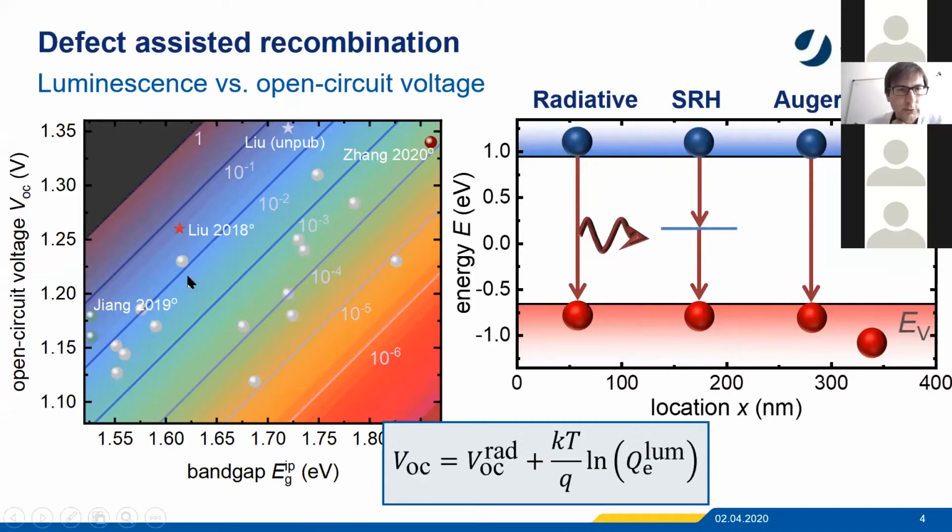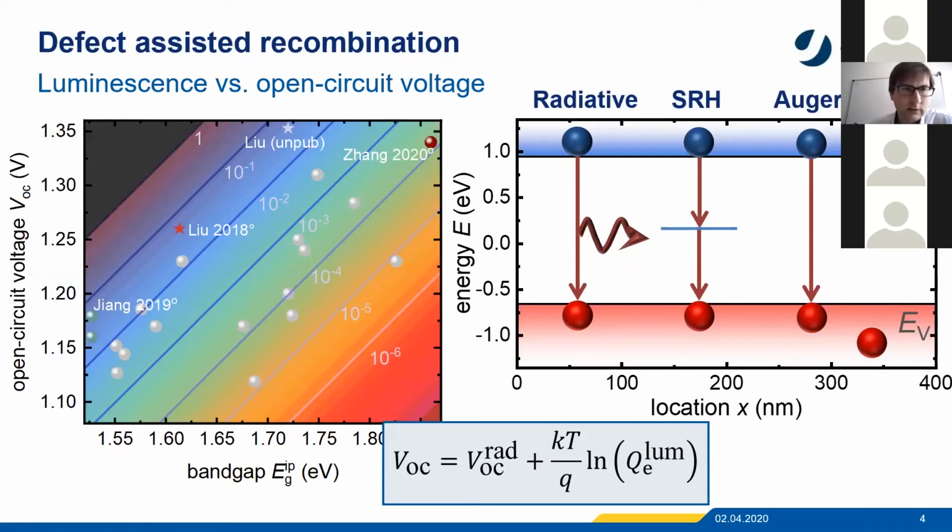And what you can do is plot the open circuit voltage of many solar cells as a function of their band gap, which you see on the left side of this graph. And what you will note is that you cannot see any points above this blue line here that says 10 to the minus 1. That's the 10% luminescence quantum efficiency line.